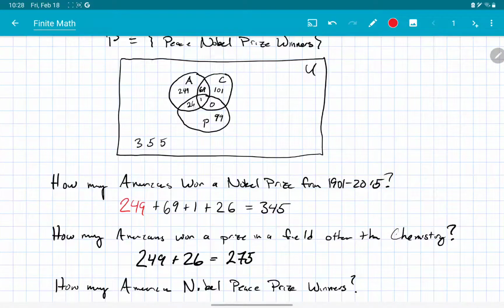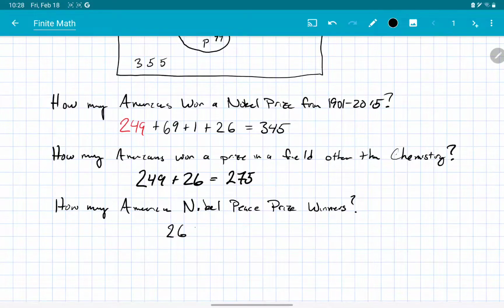Two basic regions here, this 26 region and that 1 region. So that tells us 26 plus 1 is 27 American Nobel Peace Prize winners. I can think of 2. Can anyone think of a third? Maybe Herbert Hoover? I don't know.